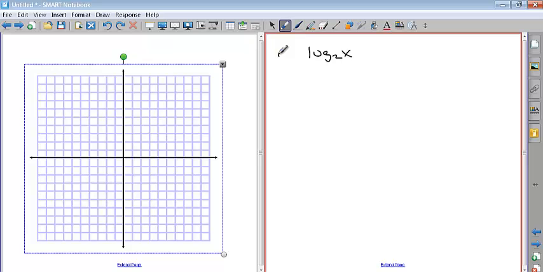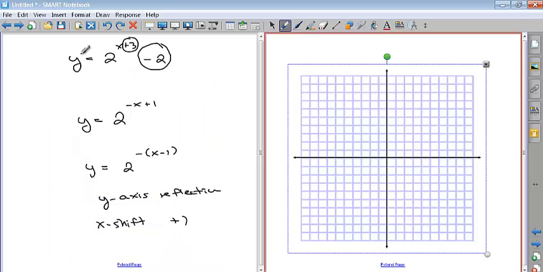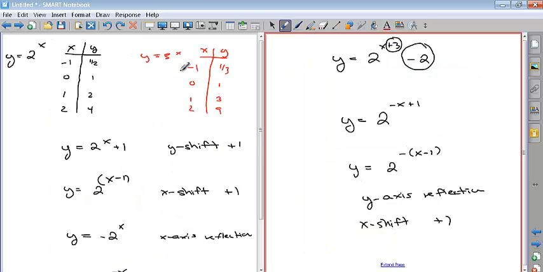That's the parent function. So again, I could plot 4 points. It's kind of the opposite of what I did over here.